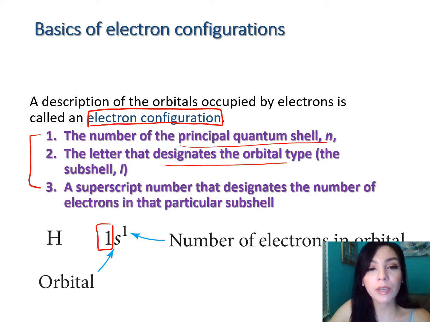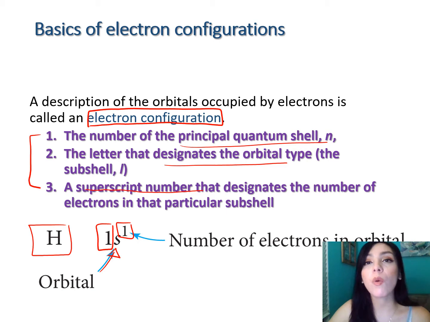So for example, here we have an s orbital, which if you remember, is the sphere, and corresponds to l equals 0. And then finally we have a superscript number that designates the number of electrons in that subshell. So in this 1s orbital, we have one electron for hydrogen. This is hydrogen's electron configuration, 1s1.